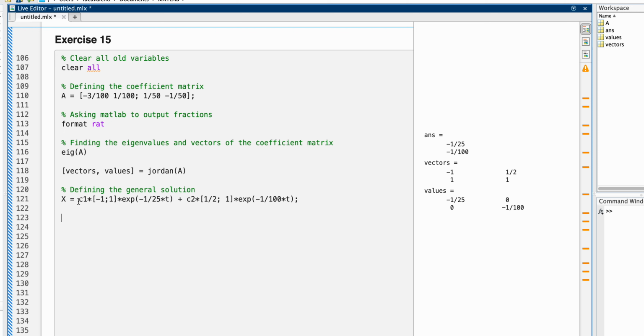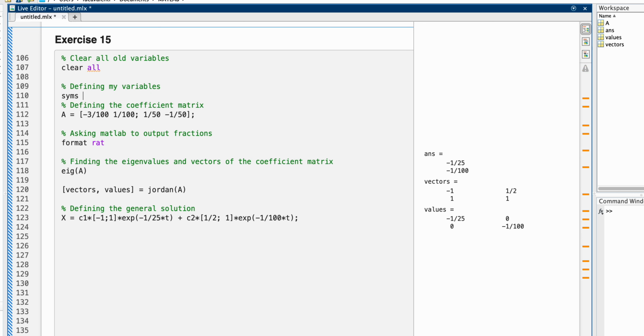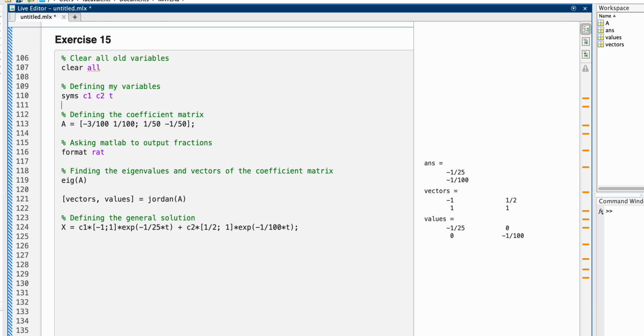Okay, well now Matlab is not going to know what C1, C2, and t are. So let's define those variables, syms, so C1, C2, and t. Now that we have those defined, we have our general solution.